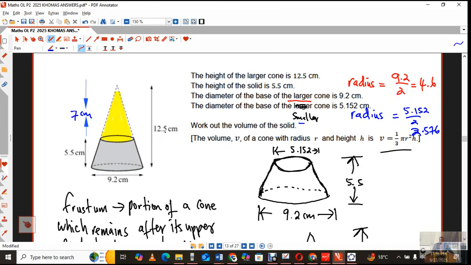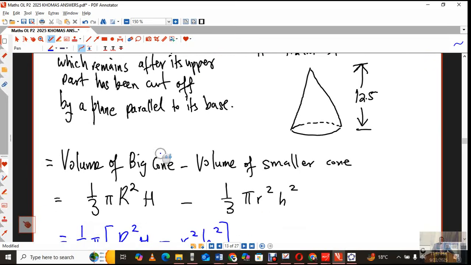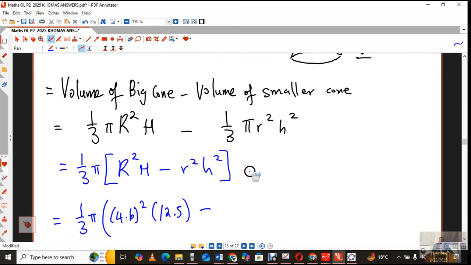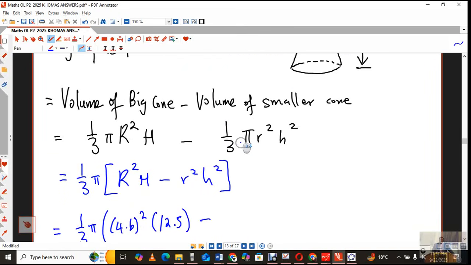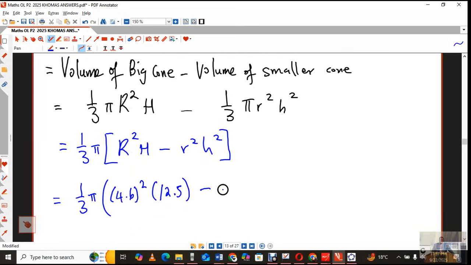We just want to make sure the height of the small cone is 7, not 5.5, because we are taking the big cone minus the small cone. So the radius of the small cone, I have it here, is 2.576, so it's 2.576 squared, and the height was 7.